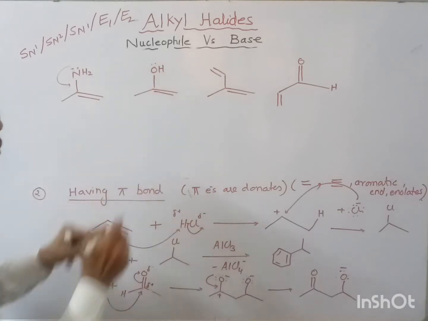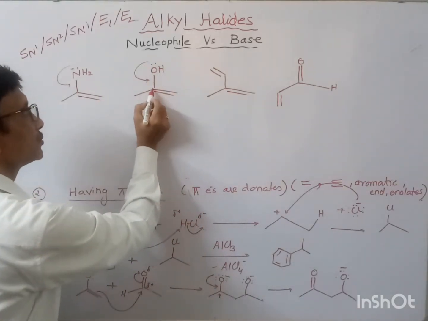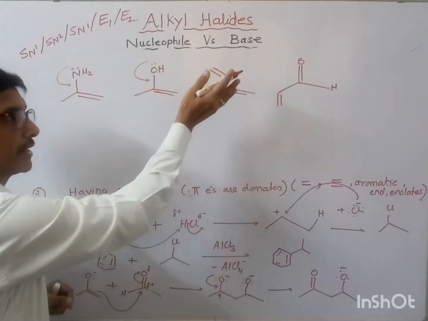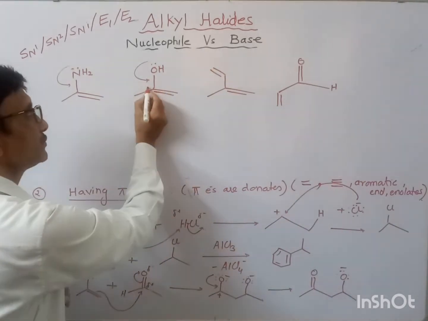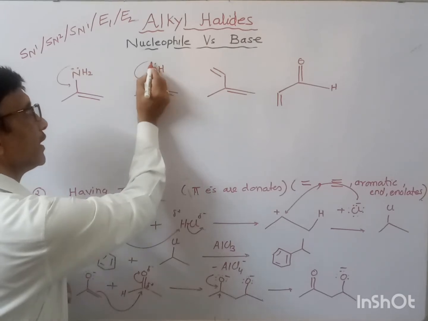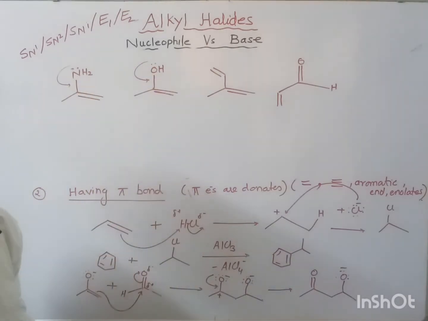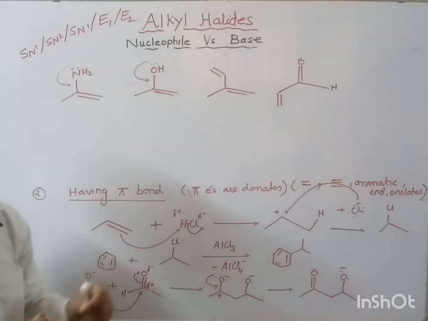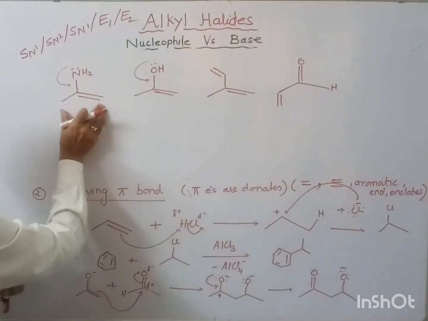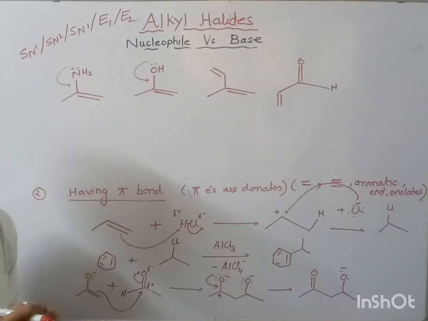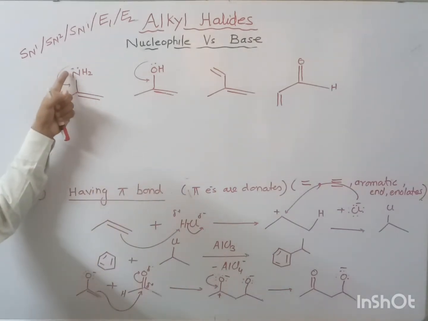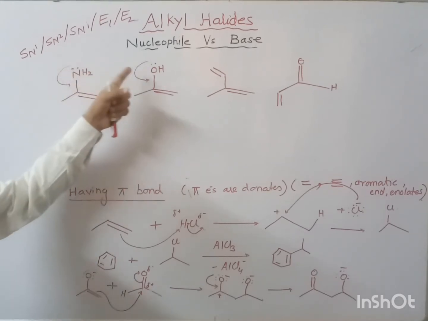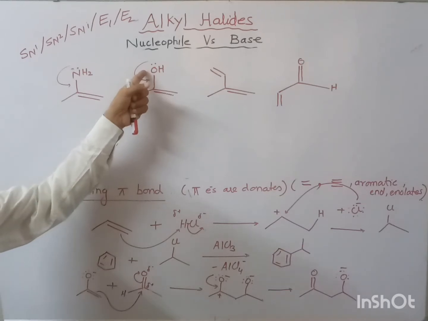Similarly, this positive charge may also be neutralized. Once the pi electrons are donated to an electrophilic center, positive charge would be created over here, and this lone pair of electrons will neutralize or stabilize this positive charge. Here this species is much more stabilized, because the lone pair is present on a less electronegative atom, whereas here the lone pair is present on the more electronegative oxygen atom.